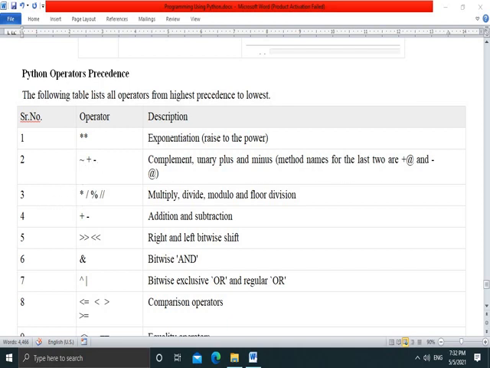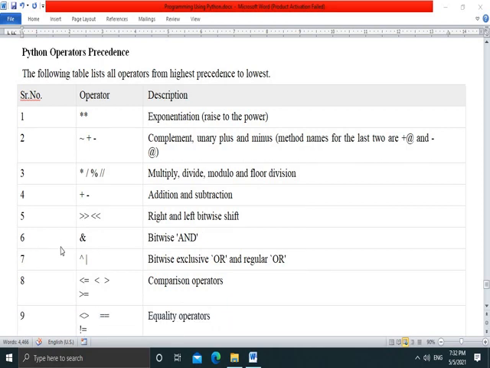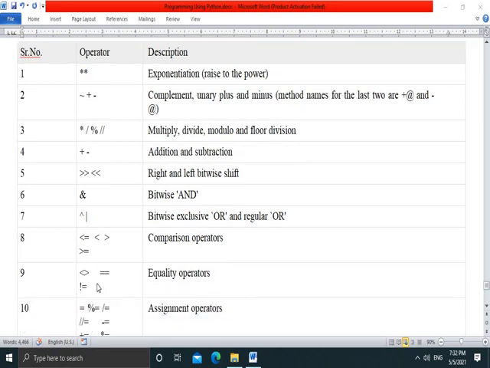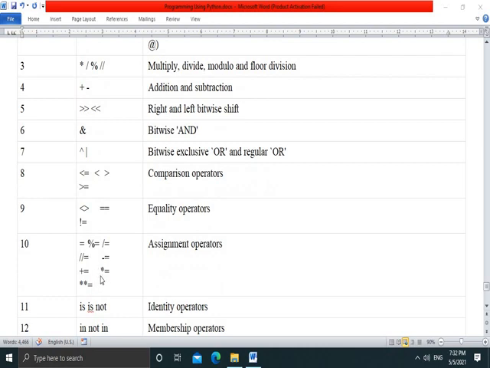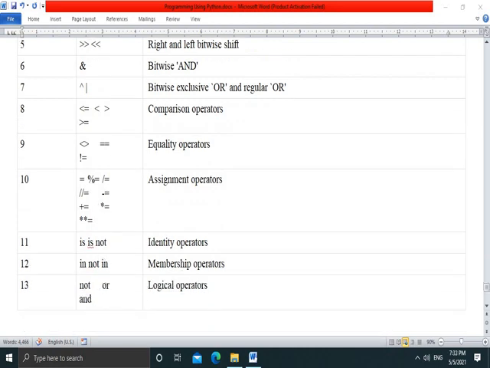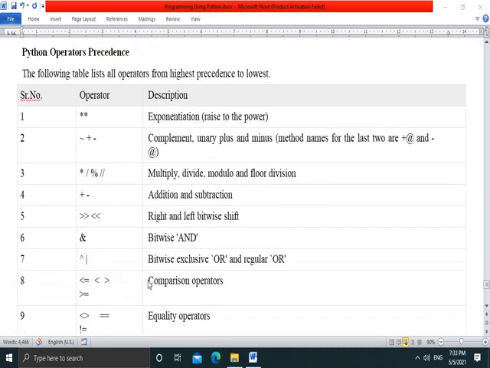Third one is multiply, divide, modulus and floor division. Fourth one is addition, subtraction. Fifth one is left and right shift. Sixth one is bitwise AND. Seventh is bitwise XOR and regular OR. Next one is comparison operator, then equality operator, and then assignment operator, then identity operator, then membership, and last one is logical operator. So first preference is for the exponential operator.